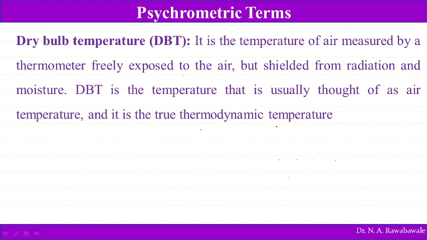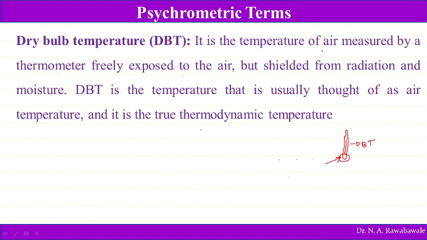If the thermometer is a simple thermometer without covering its bulb with anything else, and air comes in contact with the bulb, the temperature shown is known as the dry bulb temperature, represented by DBT. Generally, when we speak about the temperature of air, it is the dry bulb temperature.